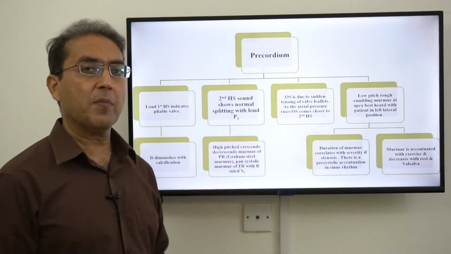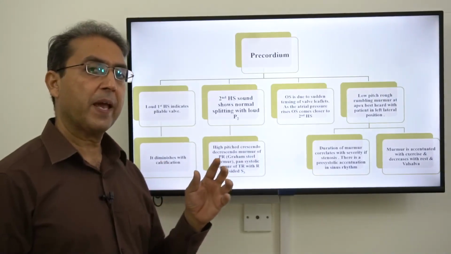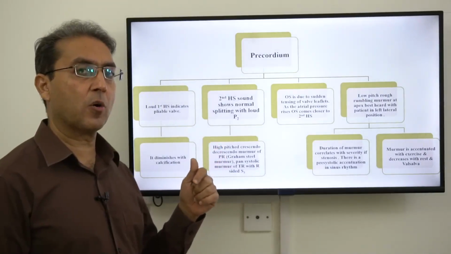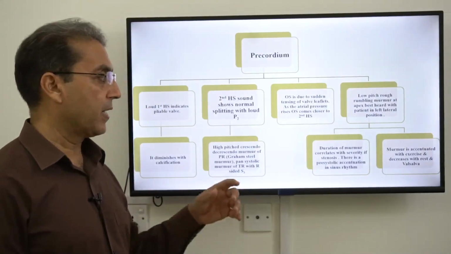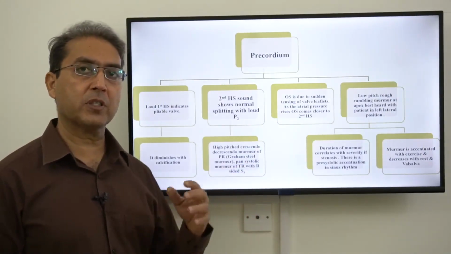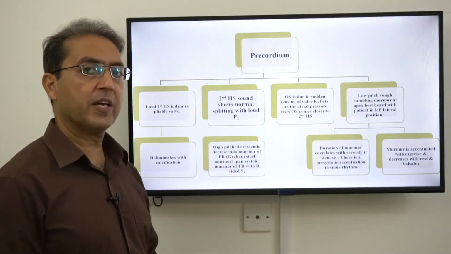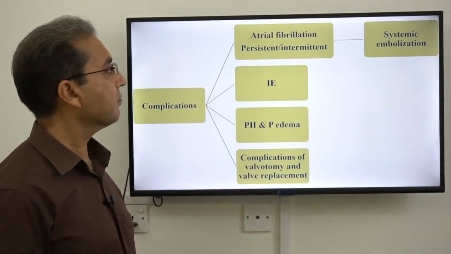So we hear a mid-diastolic rough rumbling classical murmur of mitral stenosis, and then towards the end of diastole, when the atrium contracts, we get an augmentation of this murmur. This is called pre-systolic accentuation, and it is absent in cases of atrial fibrillation. Then the murmur is accentuated with exercise, and it decreases with rest and Valsalva maneuver.